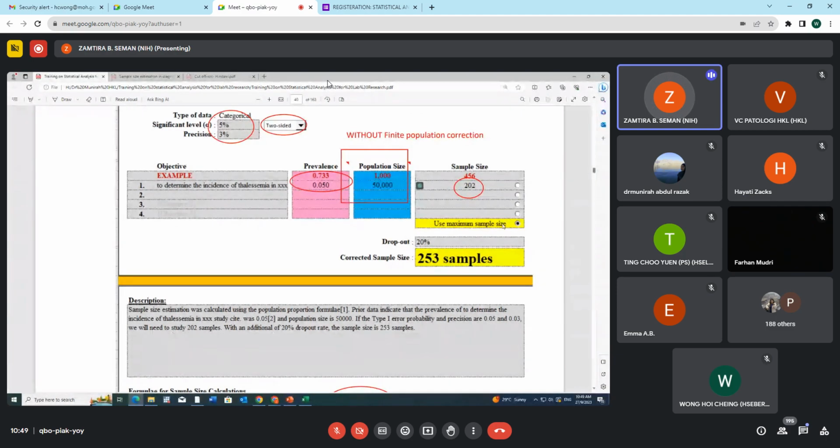we need 202 samples. Why do we have about 20%? This dropout can be 10, can be 13, can be 20, can be 14, but not more than 50. Don't go more than 50.